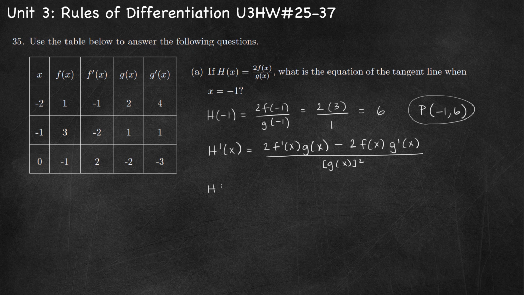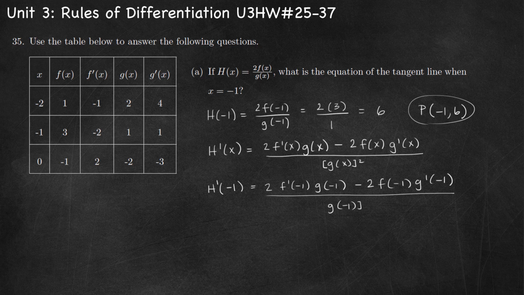Now we can find h prime of negative 1 by substituting negative 1 in for x. So 2 f prime of negative 1, g of negative 1, minus 2 f of negative 1, g prime of negative 1, over g of negative 1 squared.